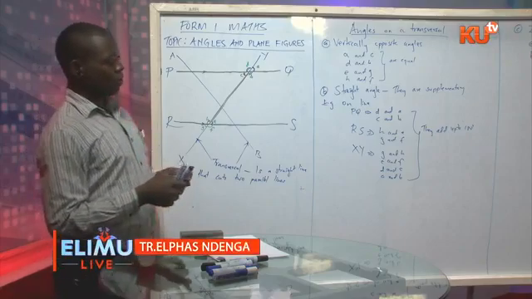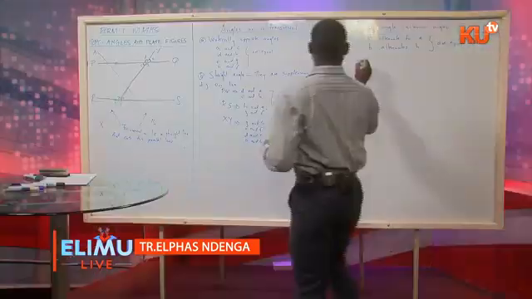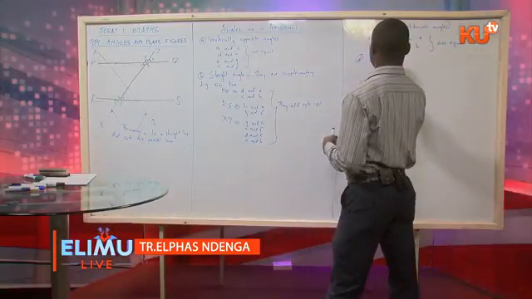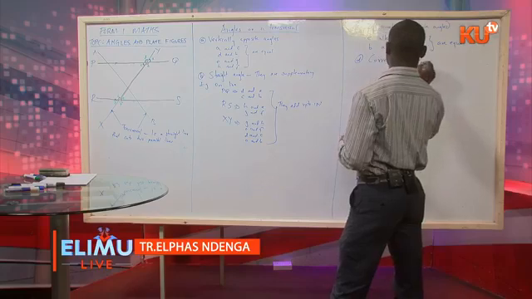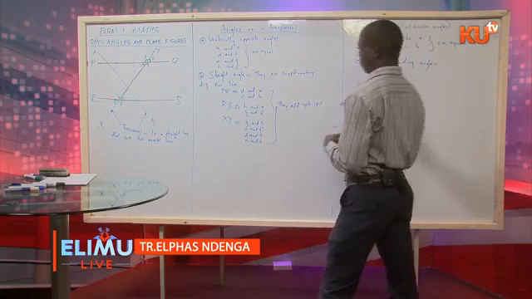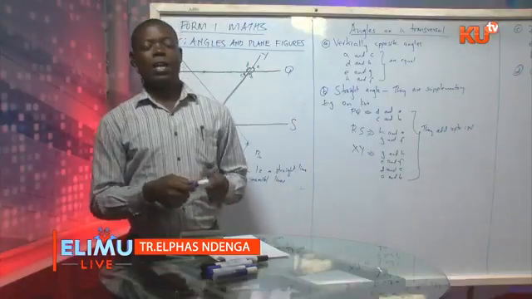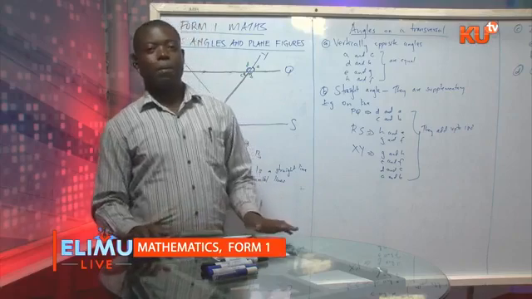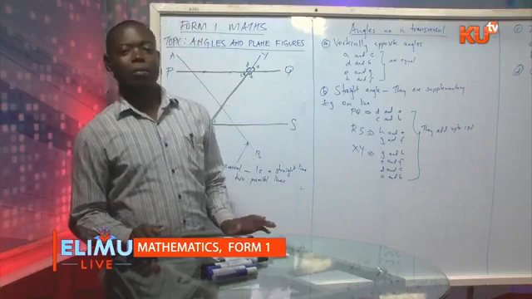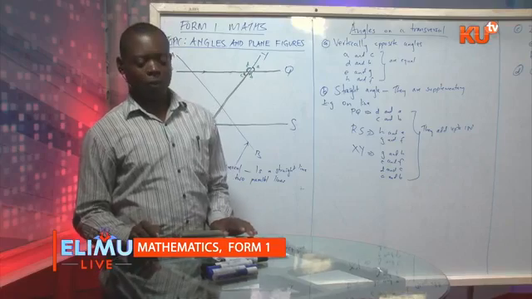After looking at the Z angle, the last type of angle that we look at is what we call corresponding angles. Students, I want you to understand how to identify the corresponding angles, because mostly what we think is corresponding does not actually correspond to any angle.